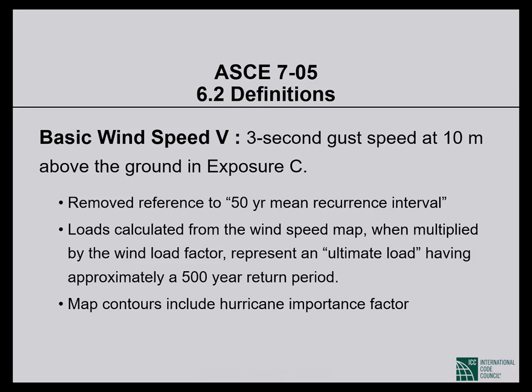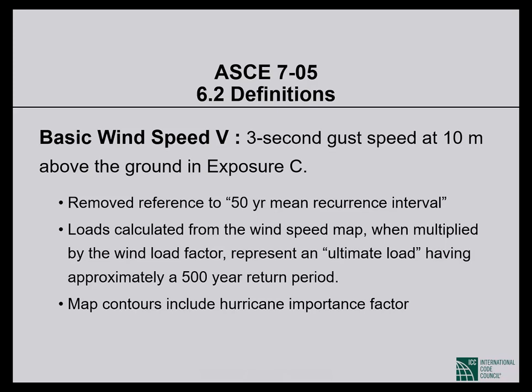Now, the reason I left this slide in and left the ASCE 7 title in is that in BNBC, it is clearly said V corresponds to a 50-year return period. In ASCE 7-05, there is no reference to 50-year return period. That was removed. ASCE 7-02 had that.